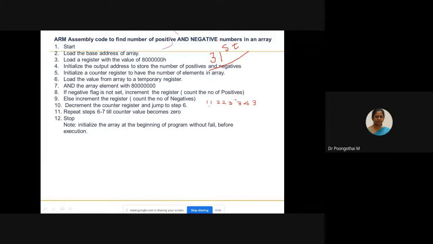Your MSB is 1, and when you write it in binary it is 0 0 0 1. What is the 31st bit here? 0. The 31st bit holds 0. So this number is a positive number.